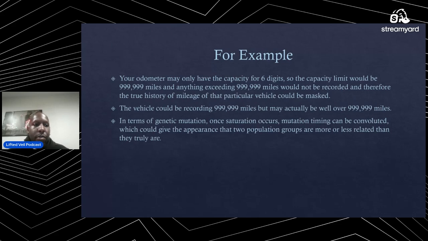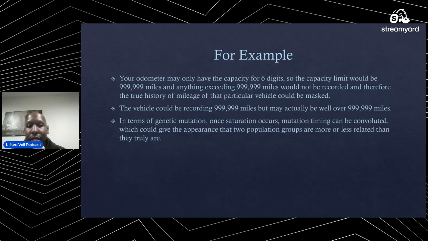So the capacity limit would be, this is theoretical, I don't even know if odometers go up to 999,999 miles. But just as an example, anything exceeding 999,999 miles would not be recorded, and therefore the true history of the mileage of that particular vehicle could be masked. The vehicle could be recording 999,999 miles, but may actually be well over that.